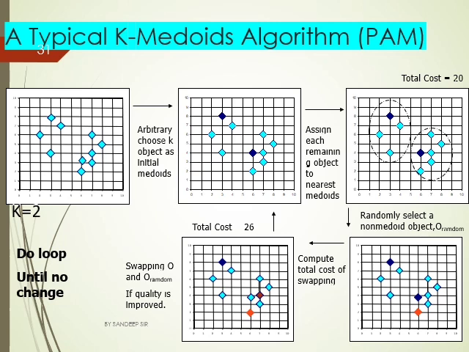Then you randomly select a non-medoid object, O, and try to reform that cluster. Again you compute the total cost of swapping. Once you do it, you will find another type of cluster forming. So this goes in a loop: one iteration, second iteration, third iteration. This is continuous.